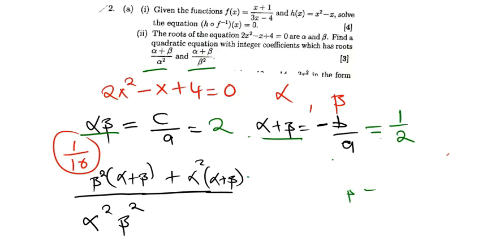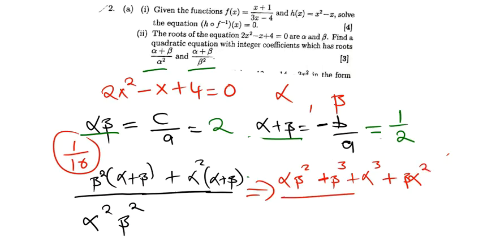Now it's not already in that form, so you can just go on and actually try to expand. So beta squared times alpha, that's going to be alpha beta squared plus beta cubed plus alpha cubed, and then we have alpha squared beta, over alpha squared and then beta squared.